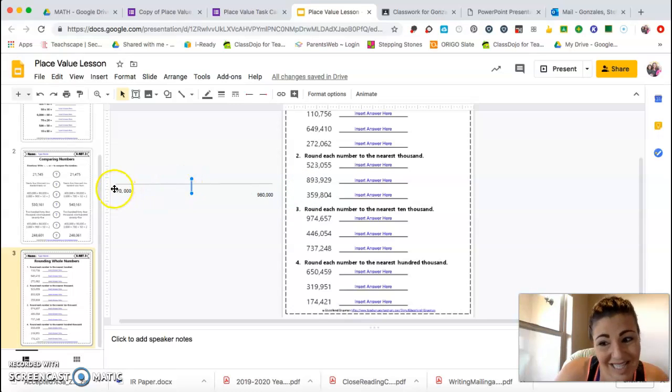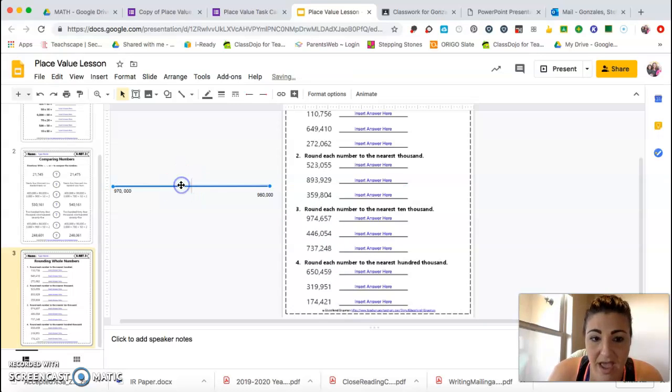Anything on this side should round down. So 974,000, I have a feeling, is going to be right about here on this number line. And so if it is right there on that number line, what does that tell me? It tells me that my number needs to round down, okay? So you guys can think of it that way if you need to.